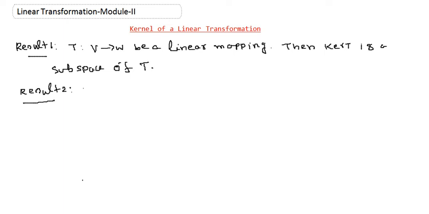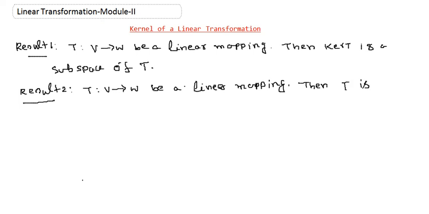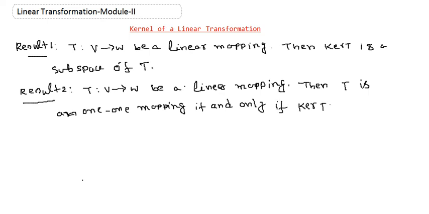Result 2 says that if T from V to W is a linear mapping, I am not writing the formal way here, you will find it in our notes, then T is a one-to-one mapping, meaning T is injective, if and only if the kernel of T contains only the zero vector of V.